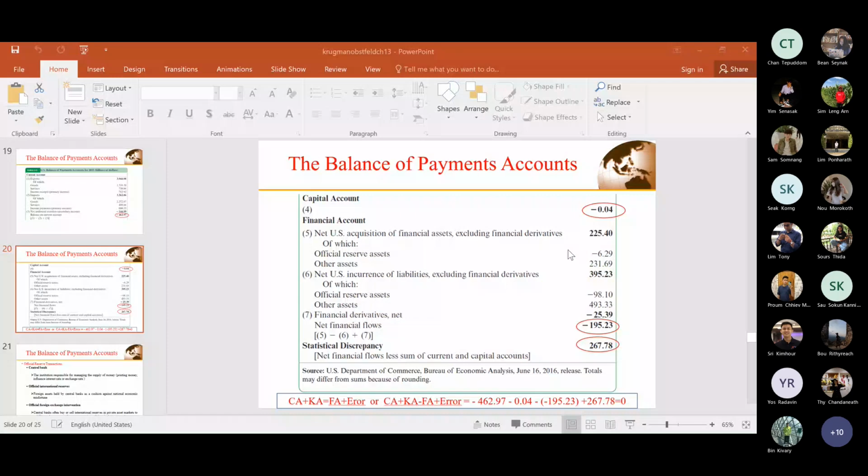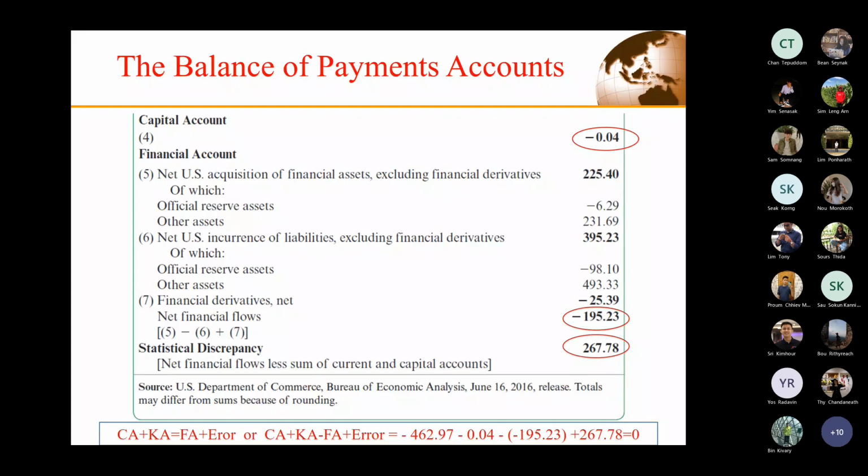So in our last meeting last week, we spent time talking about the balance of payments, right? And we learned that the balance of payments is one of the very important pieces of information because it tells us about the financial situation of a country.